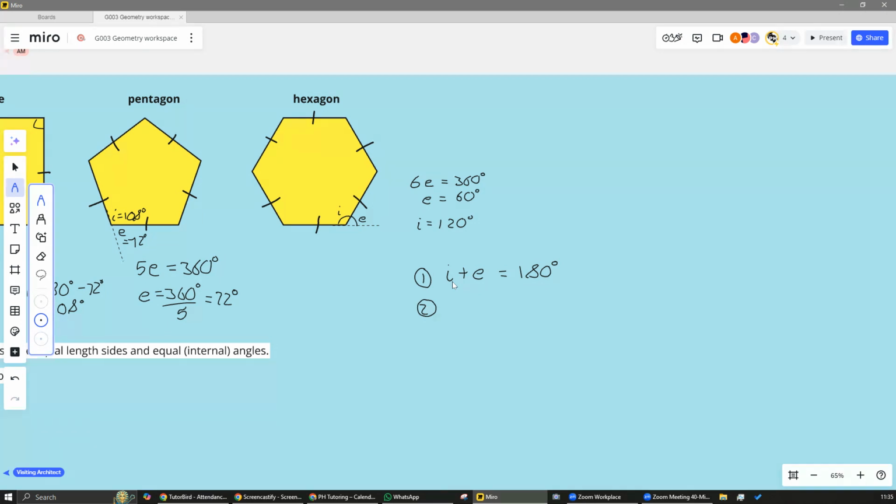So how many sides does a shape have? The amount of sides I'll call n. So we know I is the internal angle, E is the external angle, and we'll say n is the number of sides.